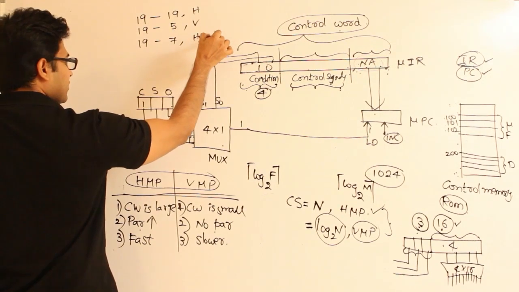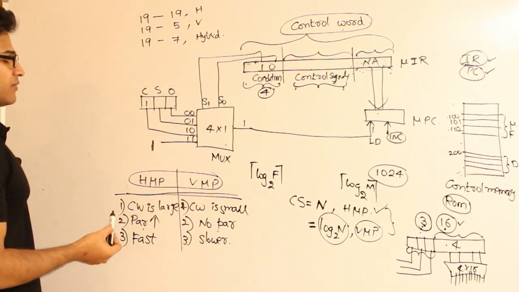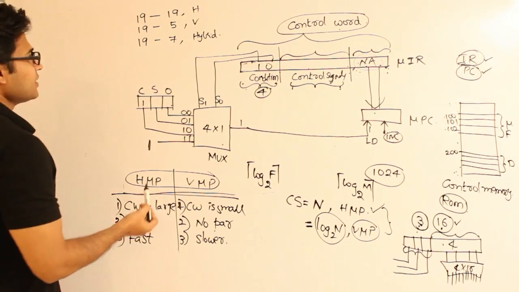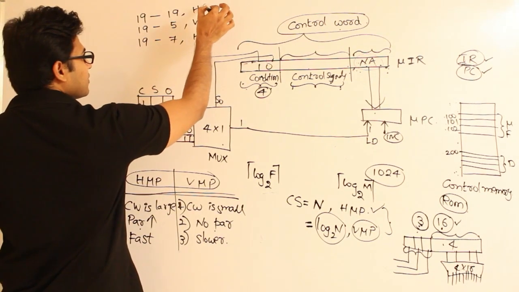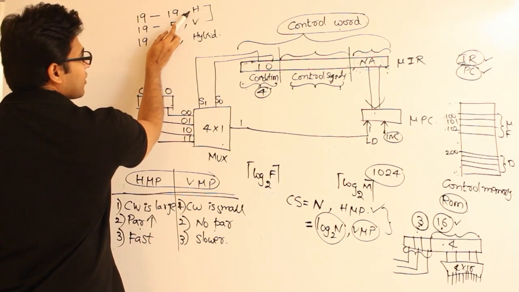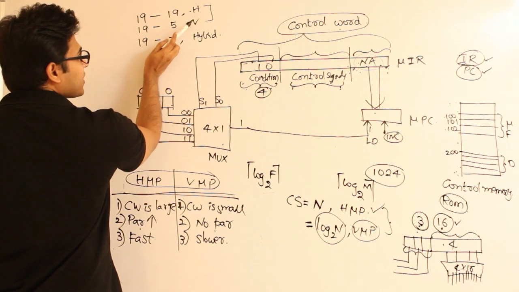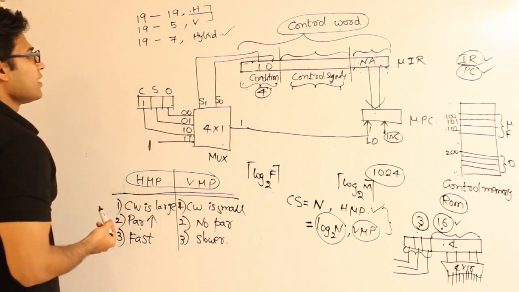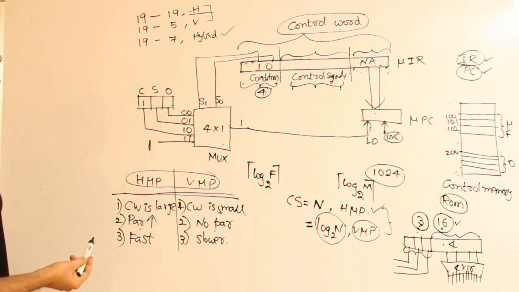So what is the advantage of using hybrid? The advantage is obviously that the number of bits required is going to be in between these two. It is not going to be as high as horizontal or as low as vertical, but somewhere in between. But what is the advantage of this? If you see this, it is going to be faster, or the parallelism has increased.